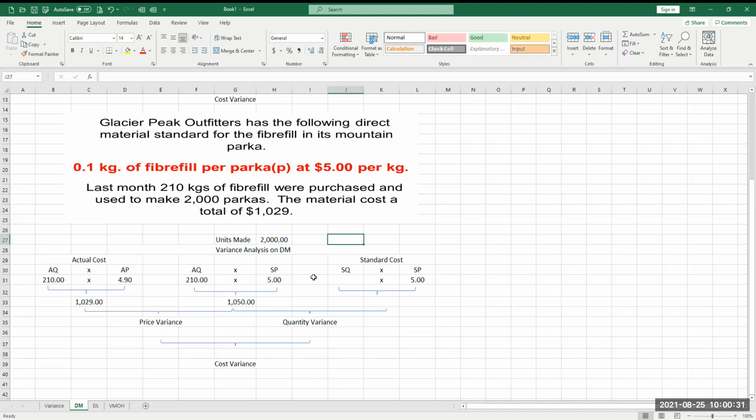I know the direct material needed for 1 unit. 0.1 kilograms.